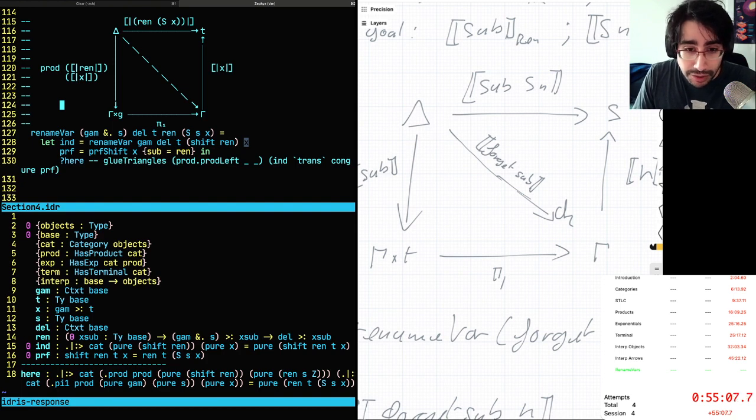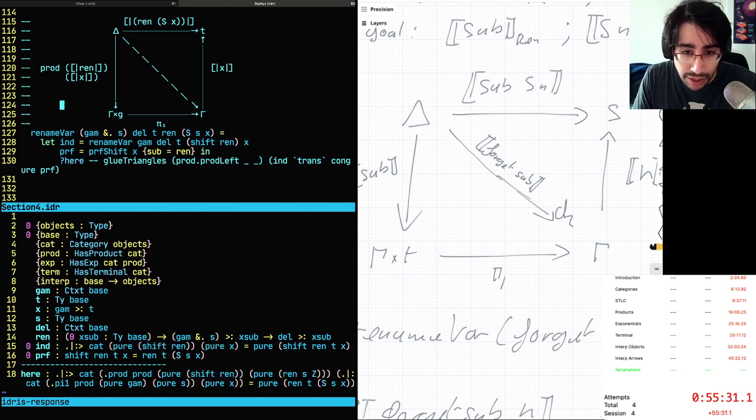And the other thing to notice is the induction hypothesis almost has the right type already. It ends in, wait a minute, it has this bit here, right? Which is this bit here and pure. It looks close, right? You have pure here, you have pure here, you have shift-ren here, you have shift-ren here.